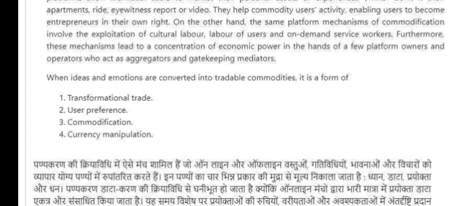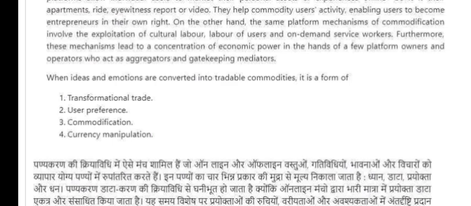On the other hand, the same platform mechanisms of commodification involve the exploitation of cultural labor of users and on-demand service workers. Furthermore, these mechanisms lead to a concentration of economic power in the hands of a few platform owners and operators who act as aggregators and gatekeeping mediators.